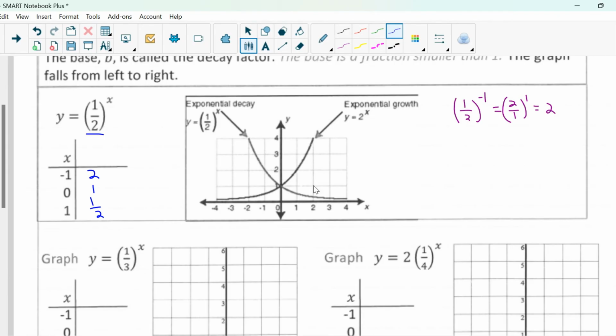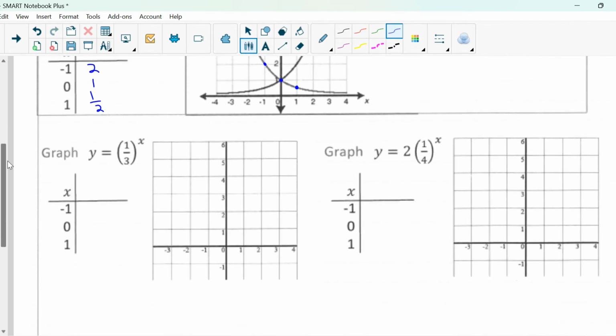As you can see by our graphs on the left, the table that I just created is for the exponential decay function. These are kind of opposites of each other to an extent. Our exponential decay is just a fraction, while your growth is a whole number.